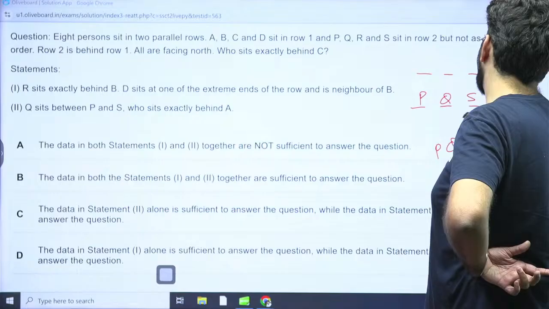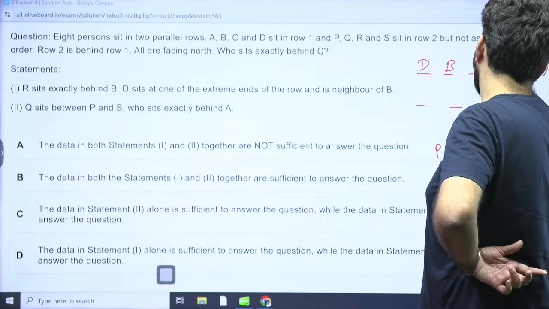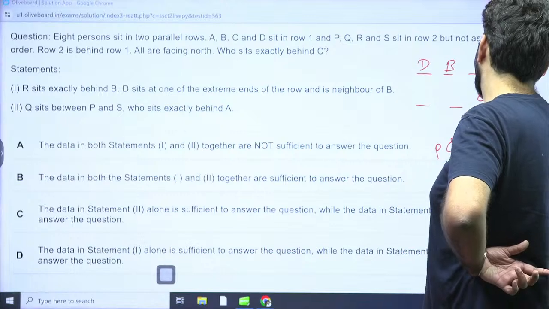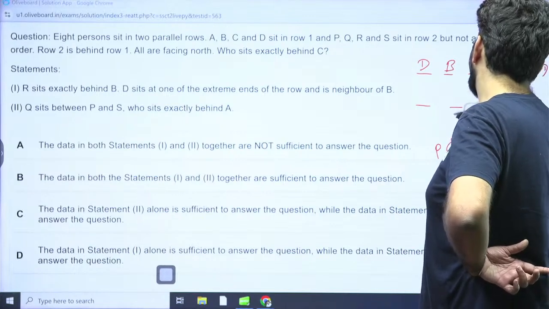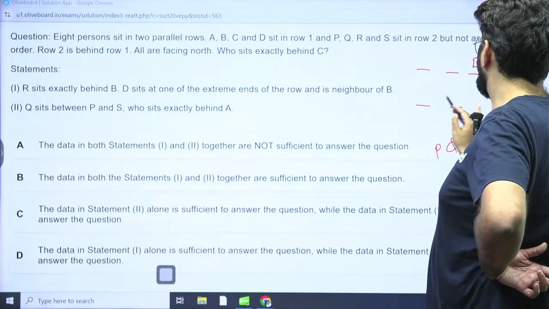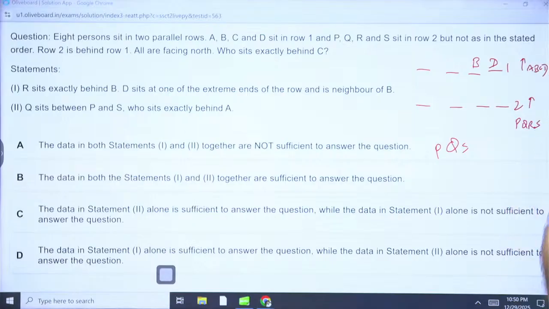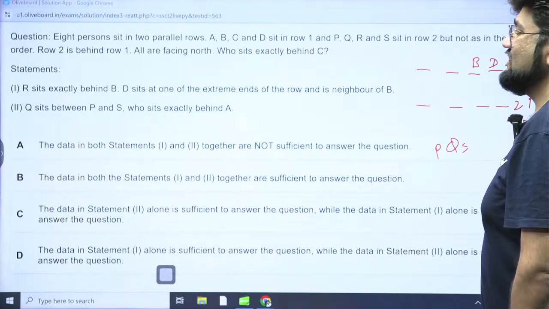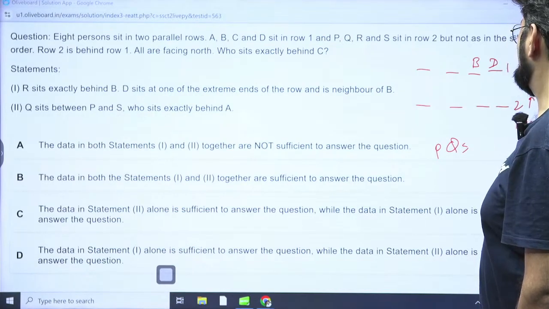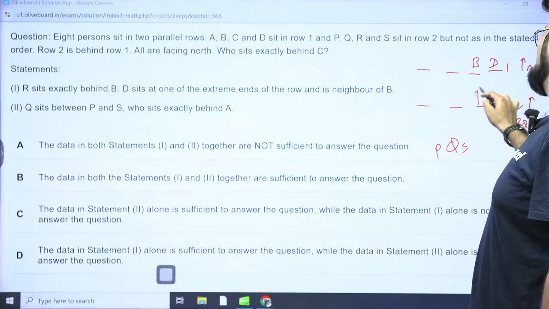Let us make D and B fixed somewhere. D and B, if they are here, so Q cannot be here. That means B and D have to be here. Q sits between P and S. How can I make that? R sits exactly behind B, D is at one of the extreme ends of the row and is a neighbor of B. And R sits here.